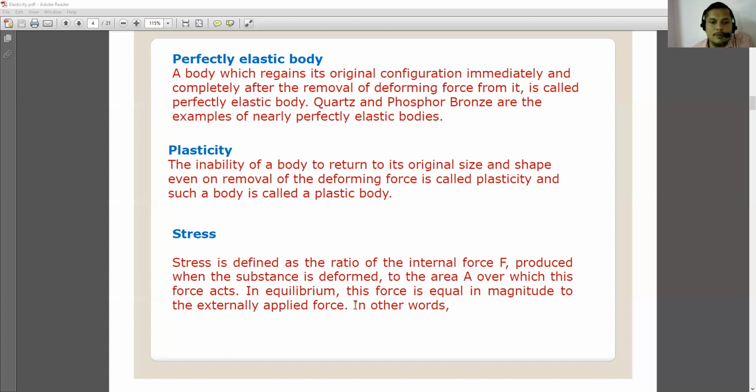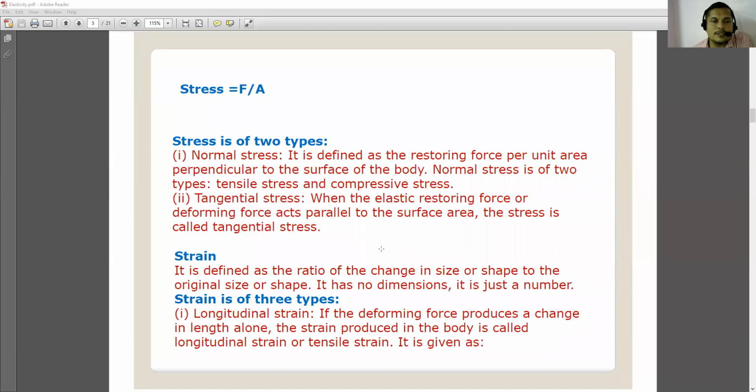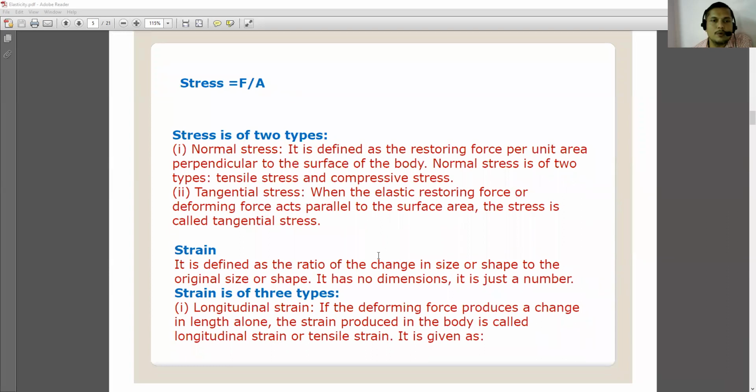So in equilibrium, this force is equal in magnitude to the externally applied force. In other words, we are writing it as stress is nothing but capital F upon A, where F is that internal force divided by area.